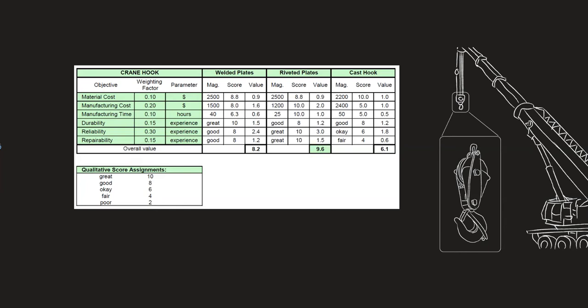So what we are going to be looking at for our example is a crane hook. So if you think about this as the total design of a crane, the crane boom arm is going to be one object that would be a subsystem of the crane. The cabin would be a subsystem.